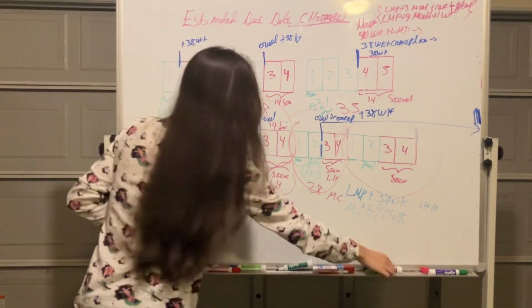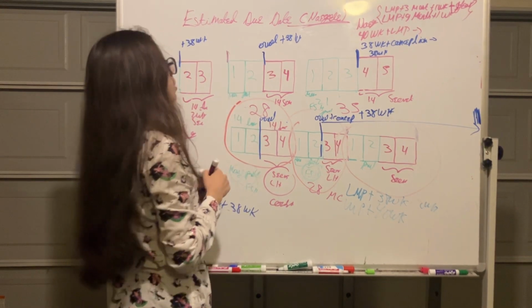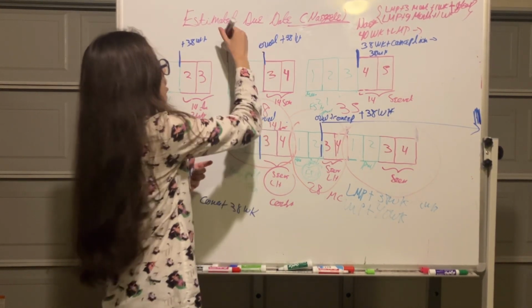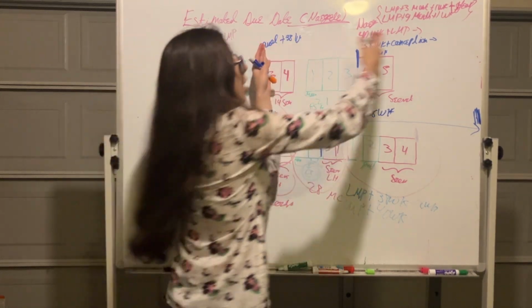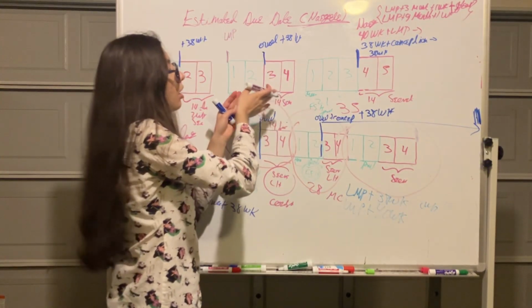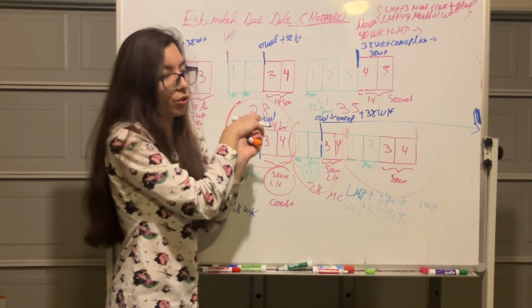Here is the last menstrual period, and so the estimated due date based on the last menstrual period would be the same duration of pregnancy starting from the ovulation or conception date.